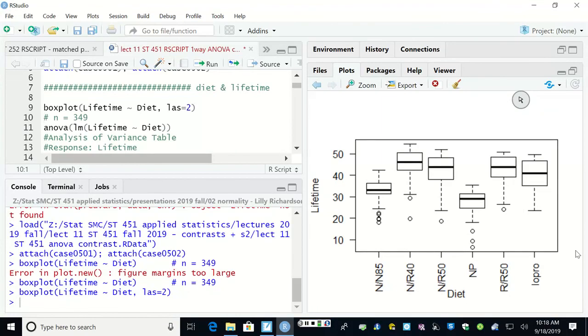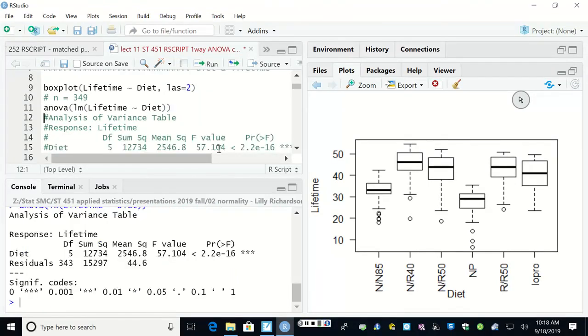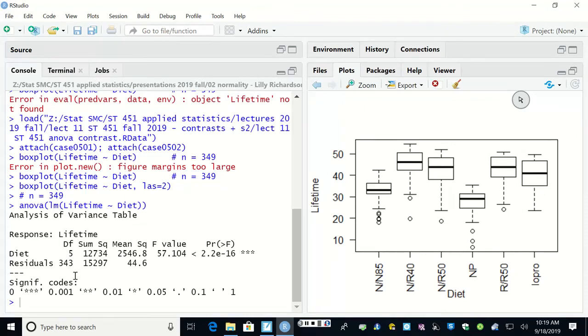The 40 is even smaller categories, and I think this was the control. And so is there a difference? If we run the ANOVA command, it gives this output. Degrees of freedom, there were 349 overall. Diet is the group, and then residuals. Sum of squares, mean squares, and the F value is absolutely enormous, and the P value is quite small. So there is a significant difference. There's no question about that.